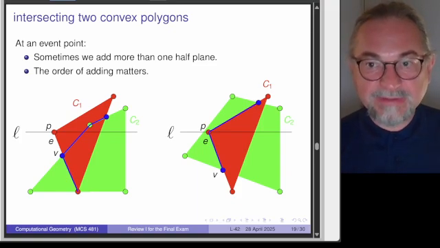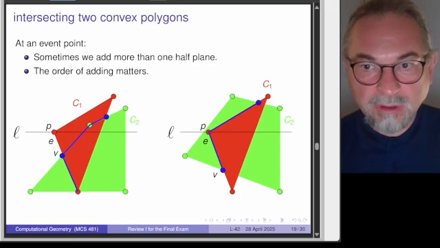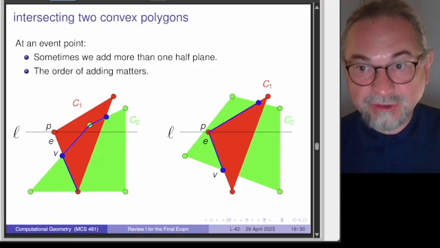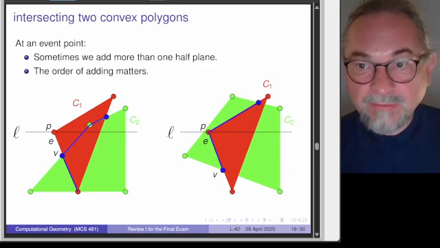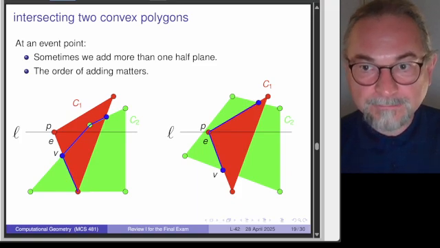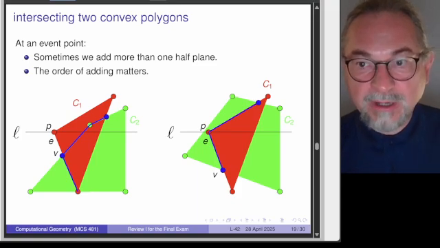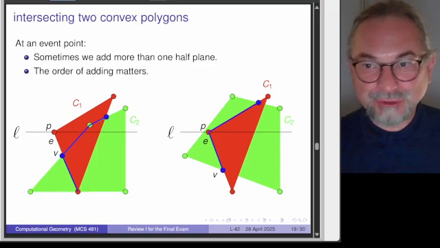In some sense, this is the alternative way of defining convex polygons, either as the convex hull of finitely many points or as the intersection of finitely many half planes. So if we use a divide and conquer way to solve a linear program, we are intersecting the feasible regions.